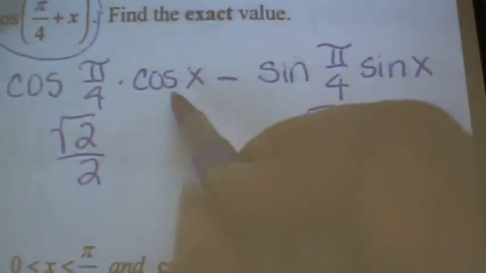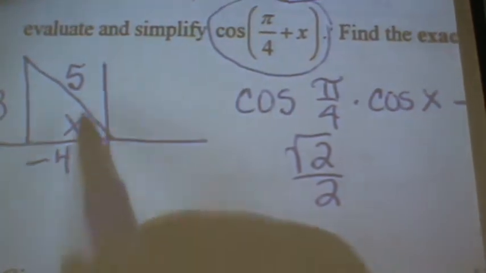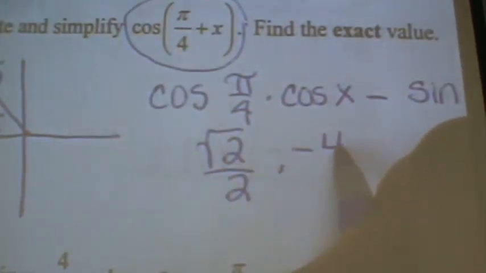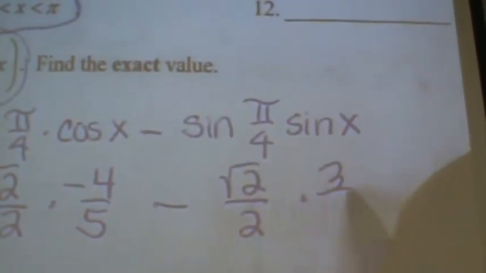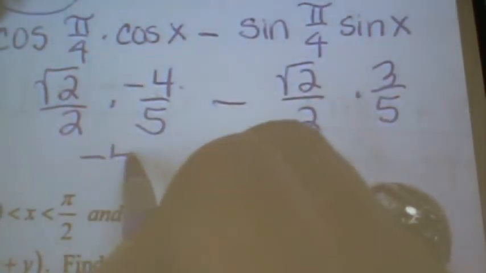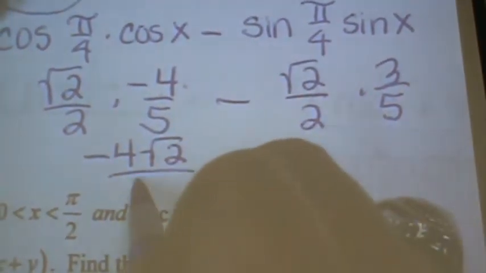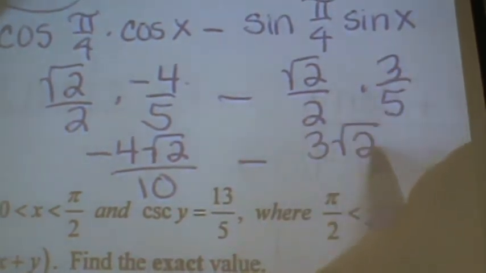When I say cosine of x, I'm talking about this, which is negative 4/5. And this is going to be 3/5. Are you with me? So this is negative 4 root 2 over 10 minus 3 root 2 over 10.